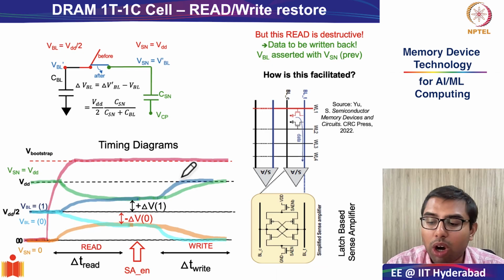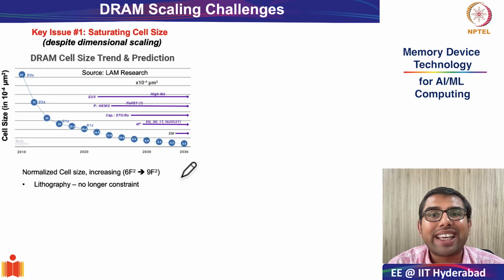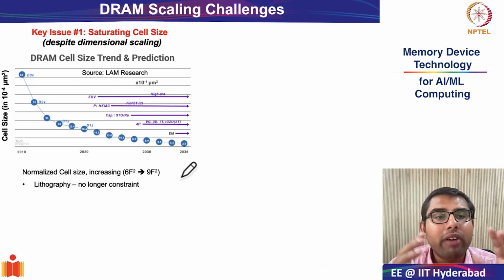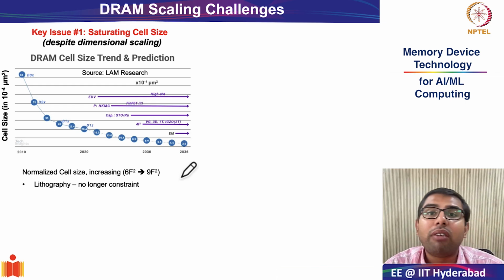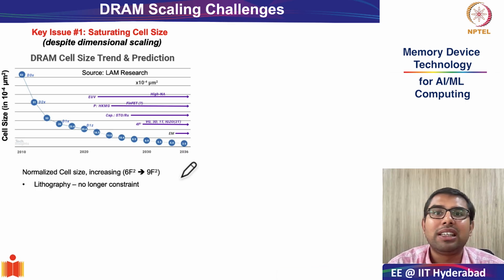We will see what challenges are encountered when you try to scale the DRAM main memory subsystem. We will list out the key challenges, and also discuss some of the solutions that have been implemented and are being proposed.